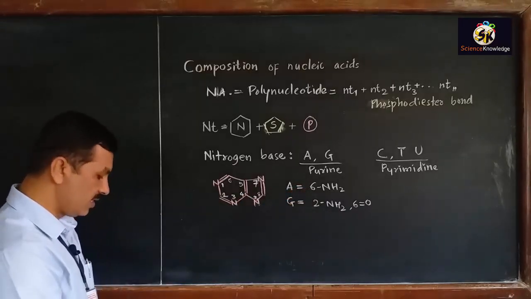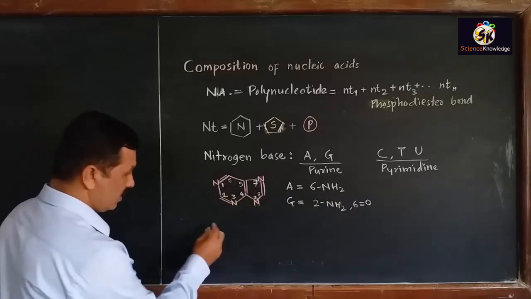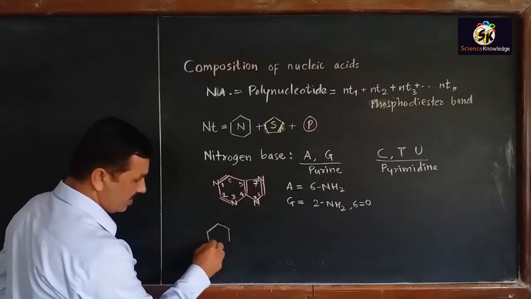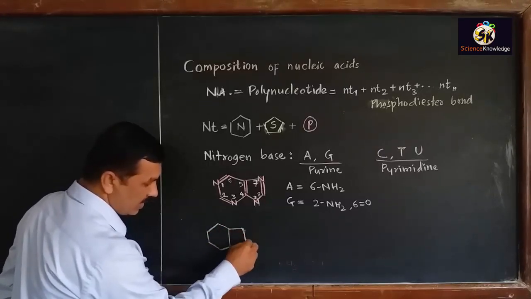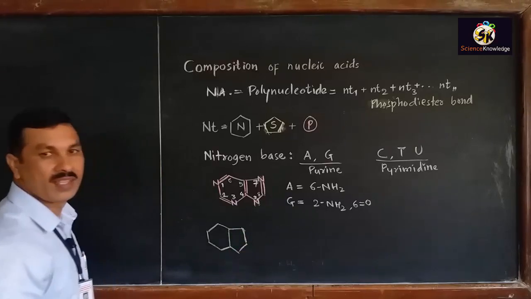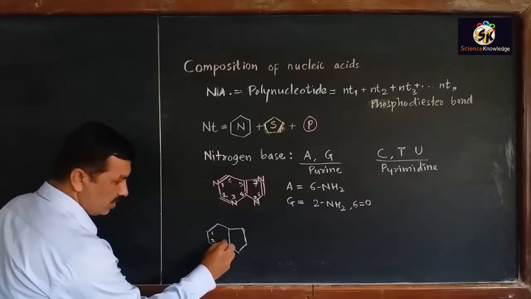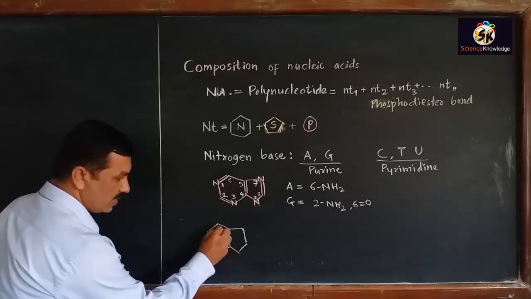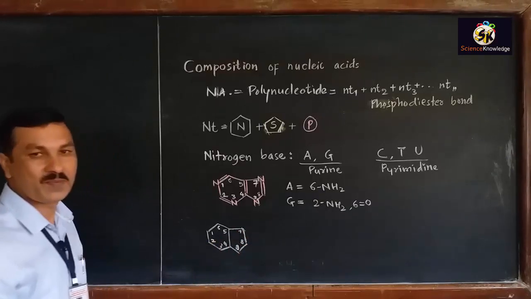For adenine, firstly I will draw the basic structure. A 6-membered ring connected with the imidazole ring, numbering 1, 2, 3, 4, 5, 6, 7, 8, 9.